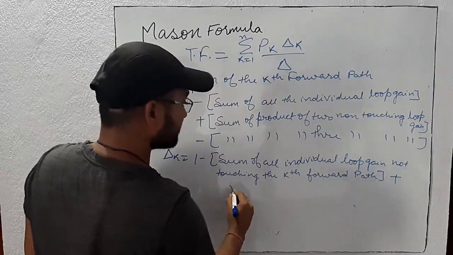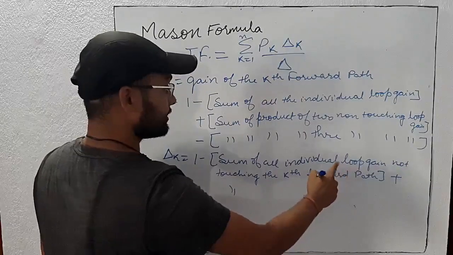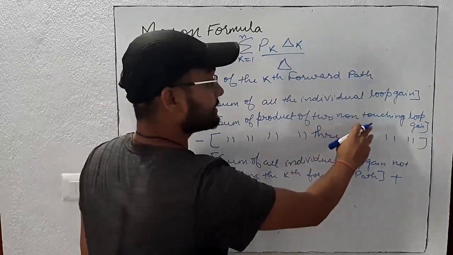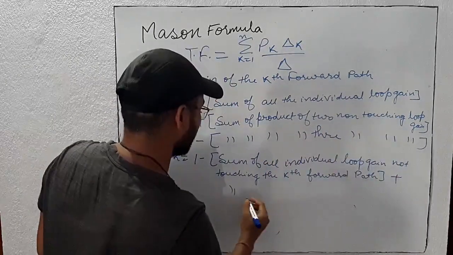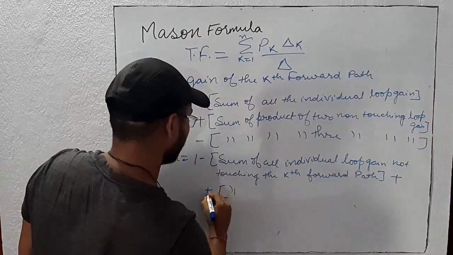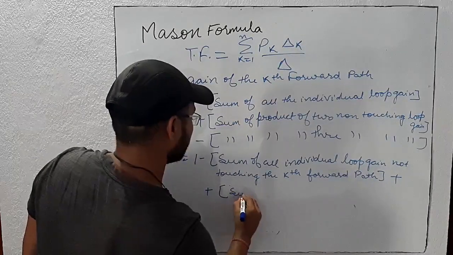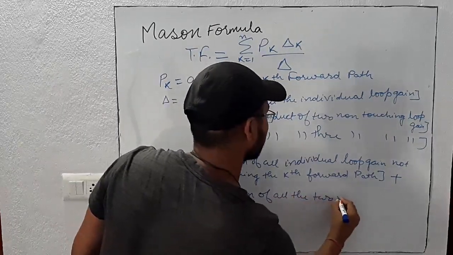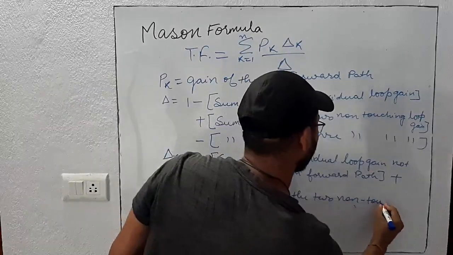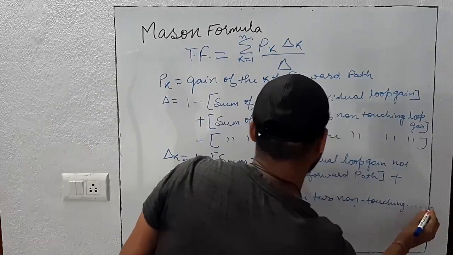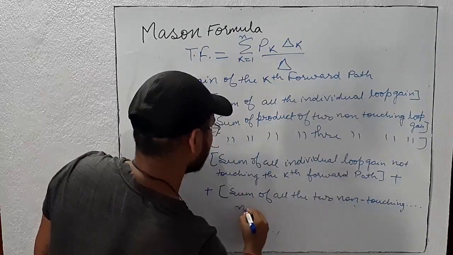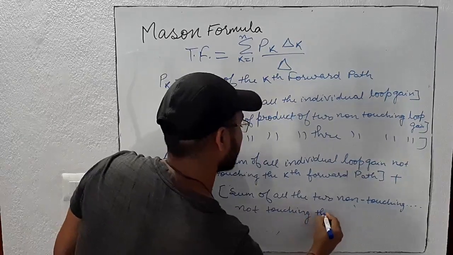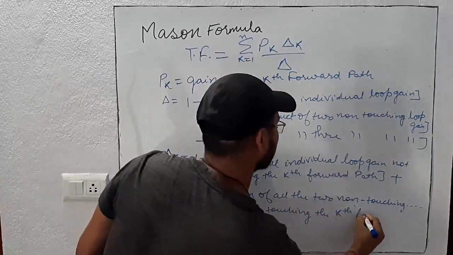plus again the sum of the product of two non-touching loop gains, meaning the sum of all the two non-touching loop gains not touching the kth forward path.